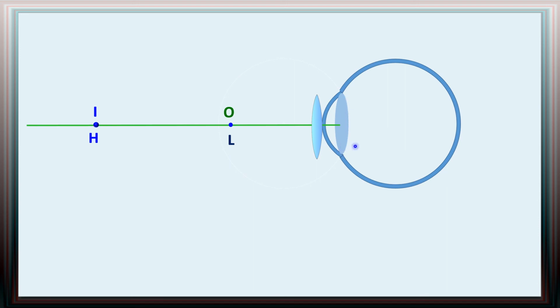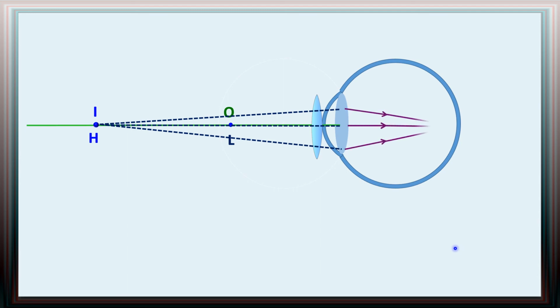Then it will form the final image on the retina. We can see here, because this eye lens does not have any problem when the object is at H, from H to infinity. So the final image has been formed by the eye lens on the retina.